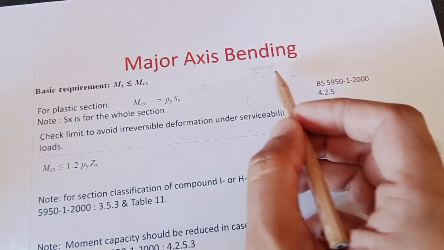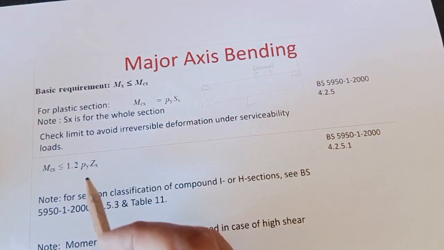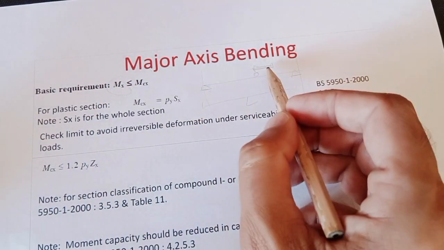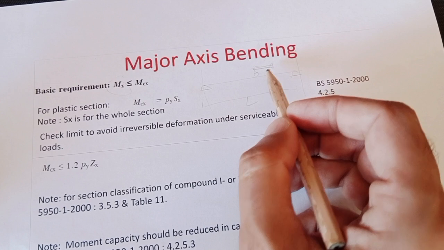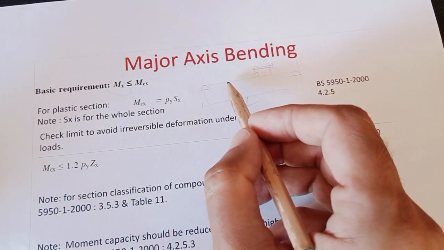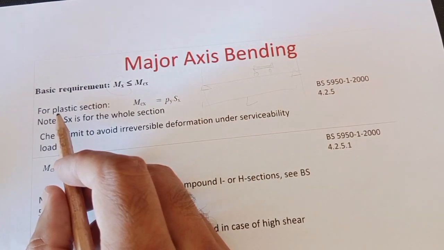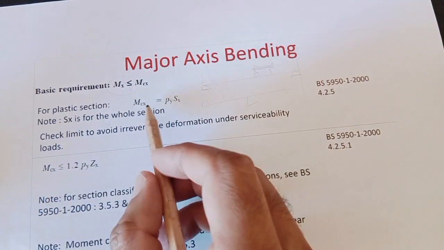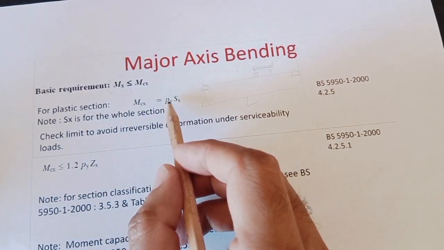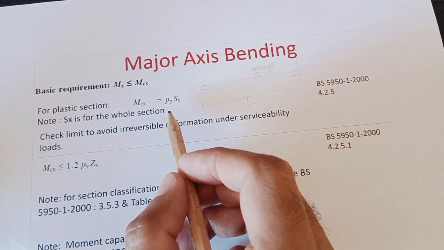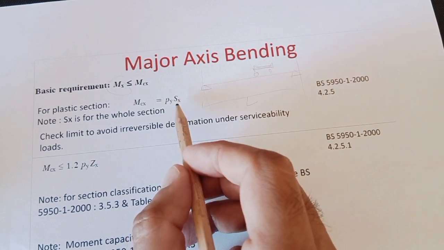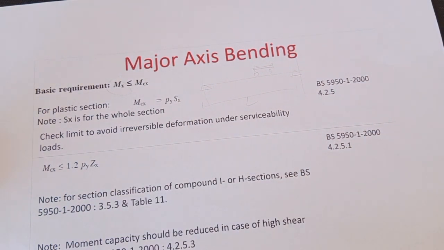So let's say we have Mx design bending moment from these loads and lifting load on this girder. And if we're going to just check for plastic section, it should be PY times SX. PY is yield strength, and SX in major axis is just the section modulus.